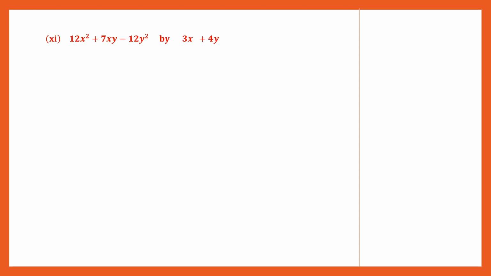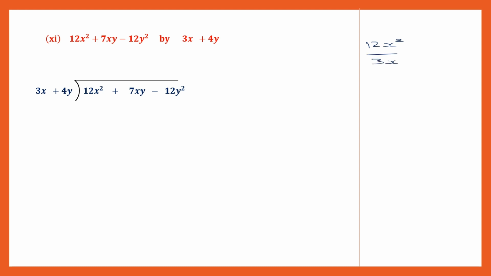So we have division of a polynomial by a binomial. So let's write it down. So here we have the division. We're writing our dividend inside and a divisor outside. Now the first step is to divide the first term of the dividend by the first term of the divisor. So let's do that. So that is 12x squared divided by 3x.